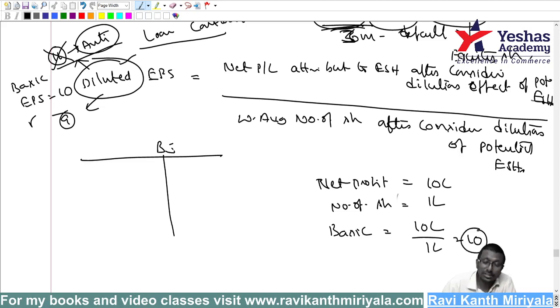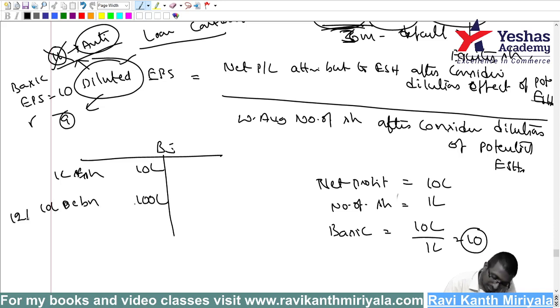Here 1 lakh equity shares of 10 each, 10 lakh, are there. But debentures worth 100 lakh rupees are also there. Let us say these are 12% debentures. The income tax rate is, say, 30%.